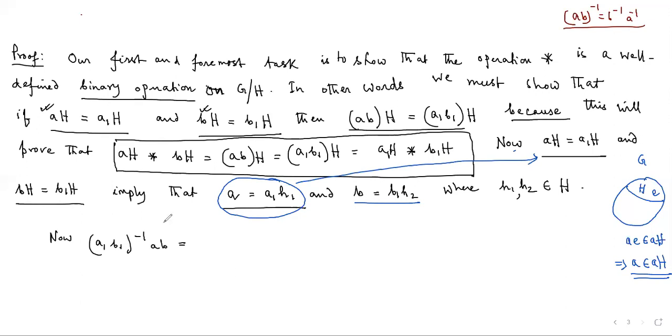So A1B1 inverse multiplied by AB gives us B1 inverse into A1 inverse into AB. And this is equal to B1 inverse A1 inverse into A1 into B.